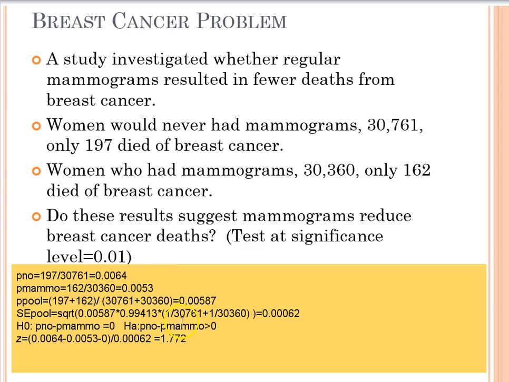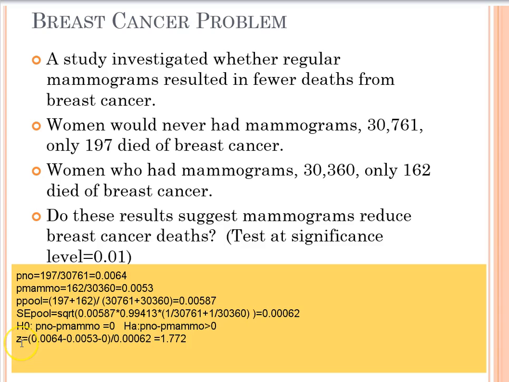To have a smaller rate with mammograms means that this proportion is going to be smaller than the rate for women who have no mammogram. If P no is greater than P mammo, then this total difference has to be a positive term. And so that's how we get this greater than sign. So that difference has to be greater than 0, and we're going to use that when we calculate our p-value.